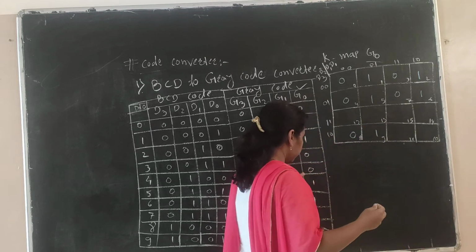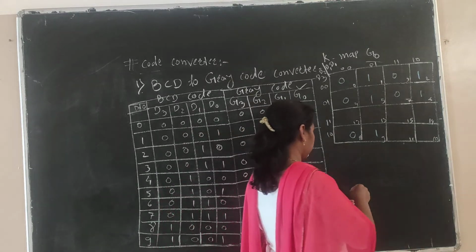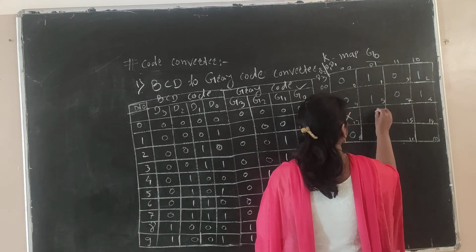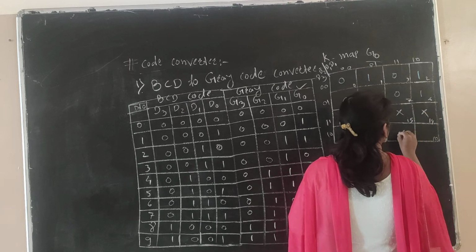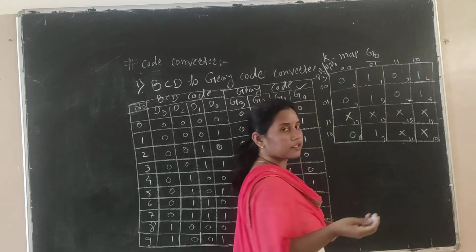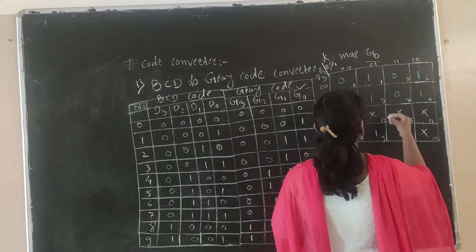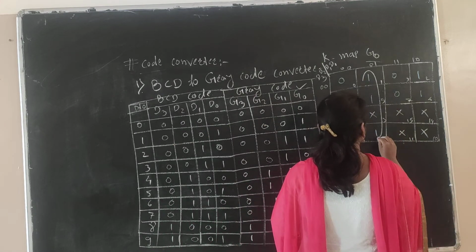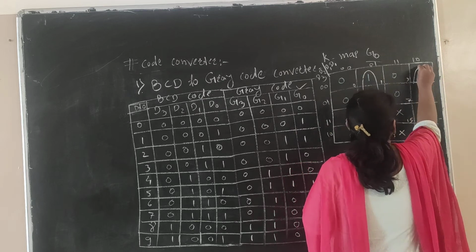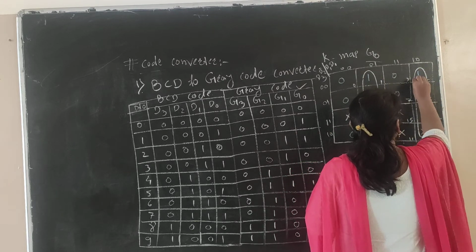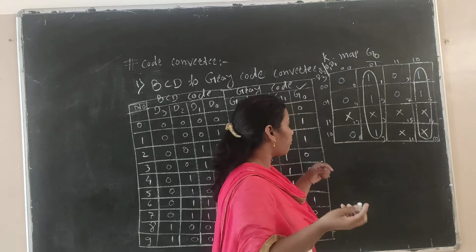All other terms are not present. That's why we go for the don't care condition for maximum grouping to reduce the number of gates. Take groups of 4. In the don't care, we can take the don't care as a 1, as a positive sign.